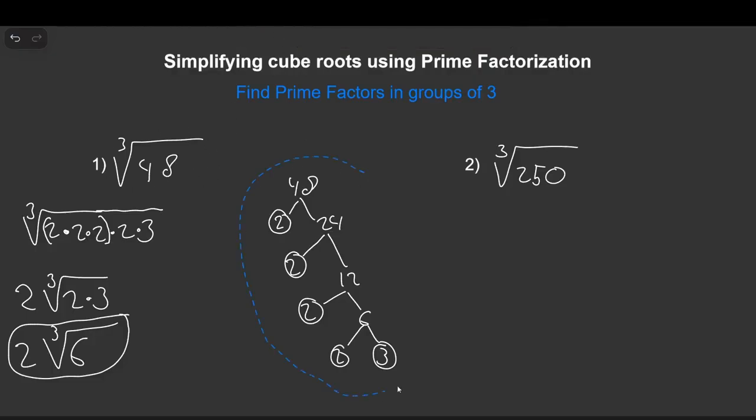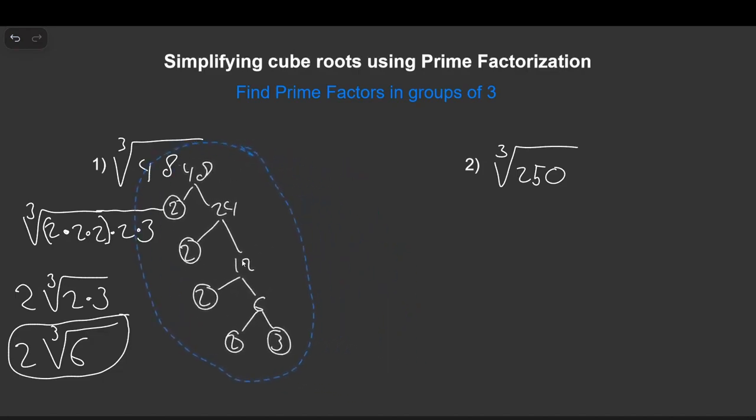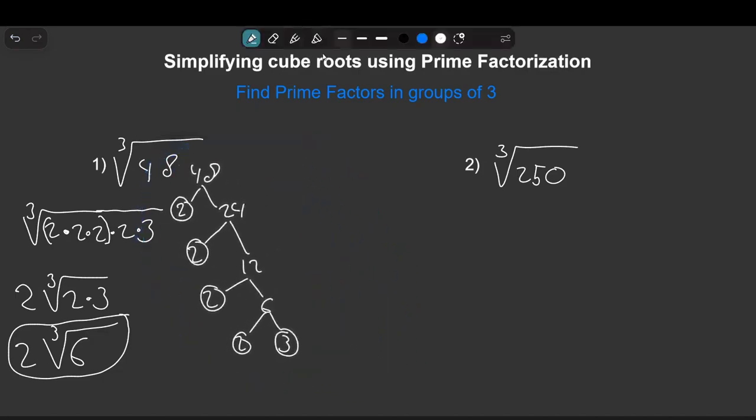So let's take this to the side a bit, and let's start with the second example. We have the cube root of 250. So let's break this down together and simplify the cube root using the prime factorization again.